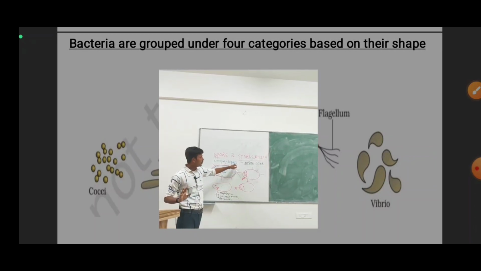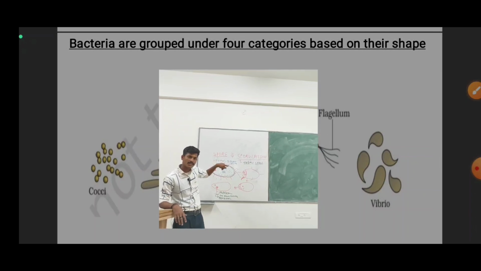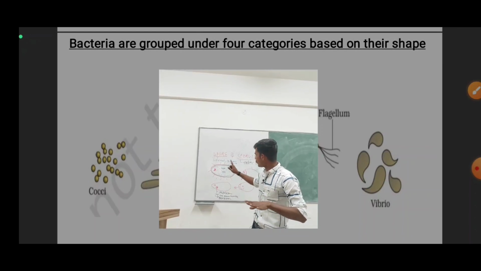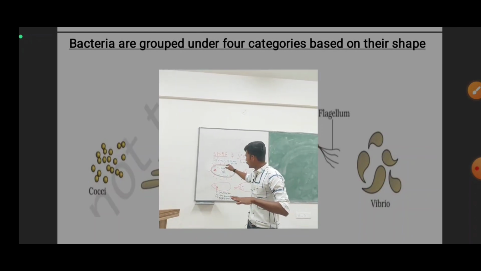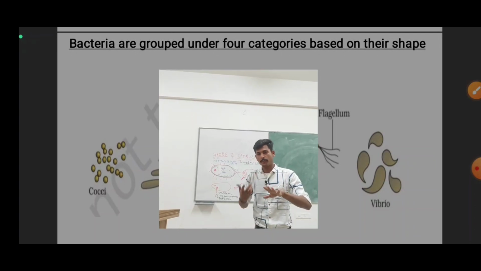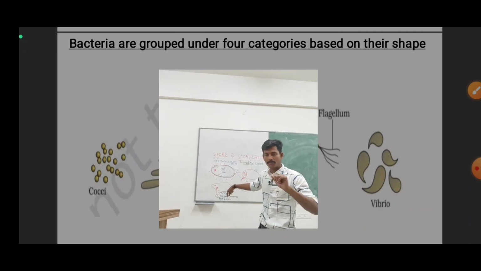About the spore and spore formation, always keep in mind, it always happens during unfavorable conditions, first of all. Second, it is a mode of reproduction in bacteria during unfavorable conditions.